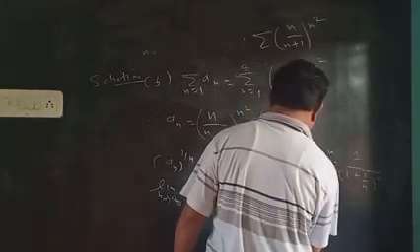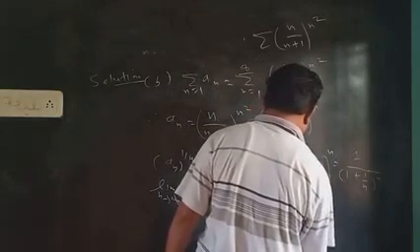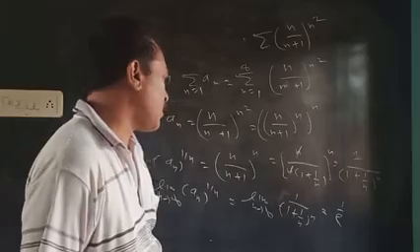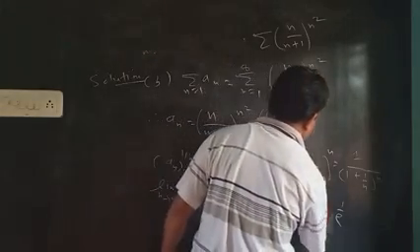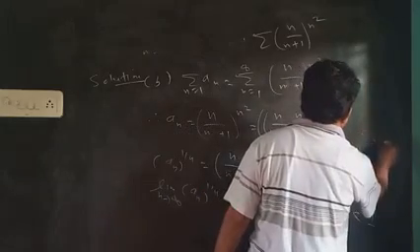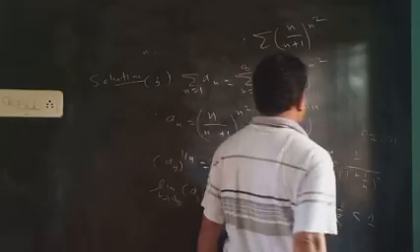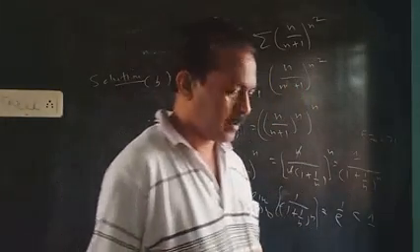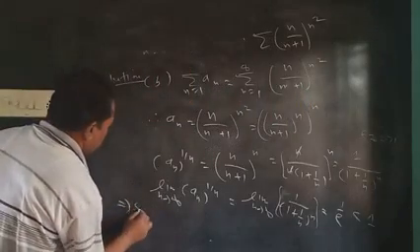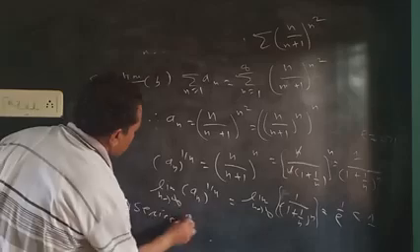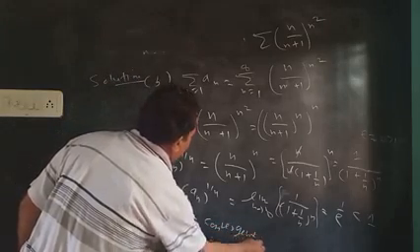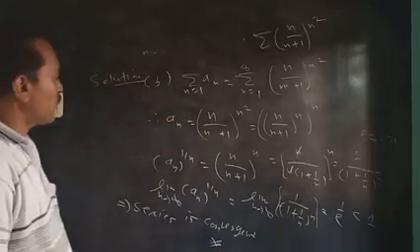This is a standard limit: 1 plus 1 by n raised to power n tends to e. So the limit is 1 by e, which is less than 1, as e is 2.71. So 1 upon 2.71 is a fraction less than 1. Therefore, the series is convergent. So both the problems have limit less than 1.